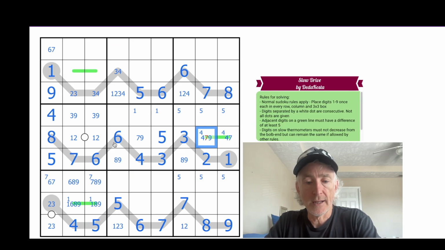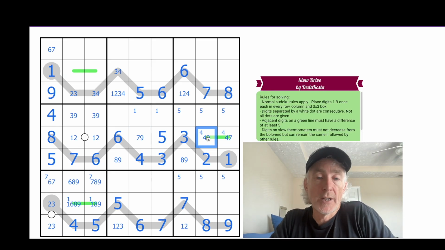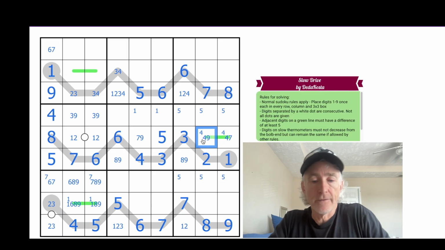That's not 9, that's not 7. Okay, and actually we can place this 9 because these have to be 5 apart. 9 and 4 are 5 apart. But 7 doesn't have anything to go with. It would have to be a 1 or a 2 over here. So this has to be a 9, 4.